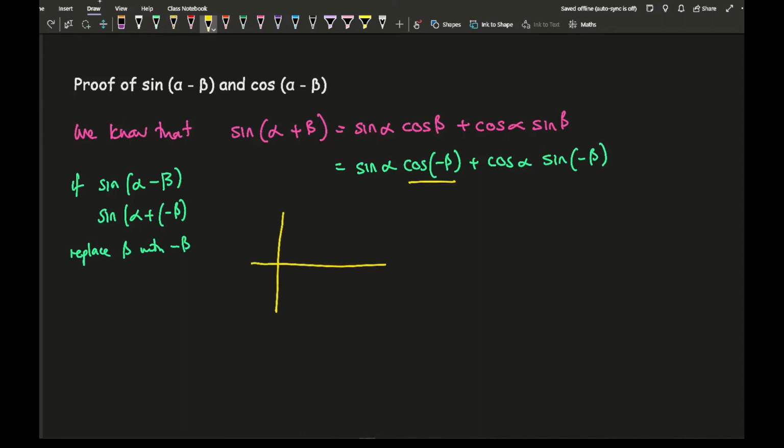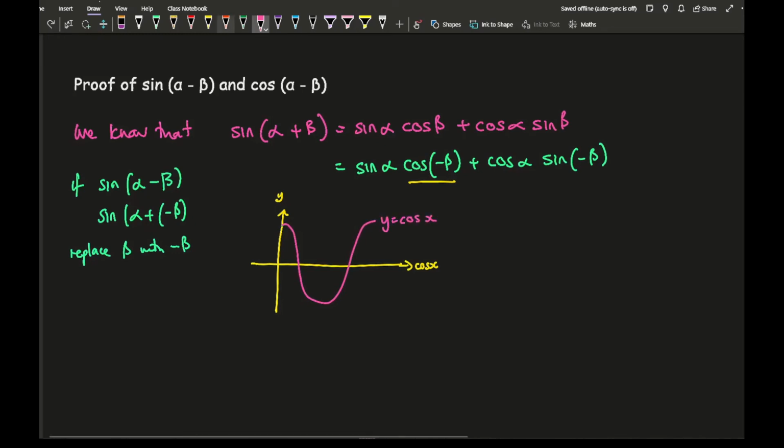This is a very poor cos graph. Let's do y, and here is going to be cos x. My y equals cos x is going to look like that.